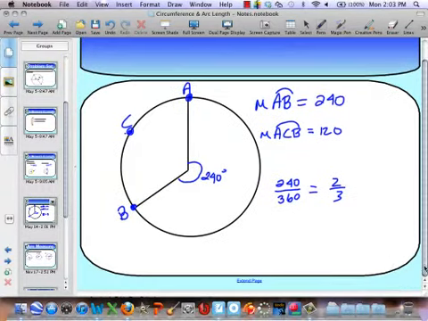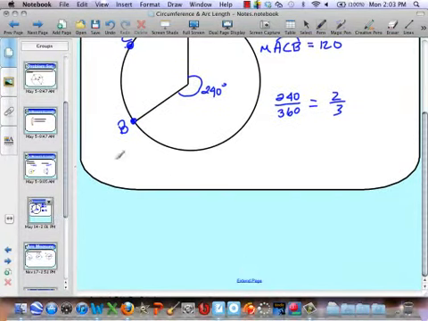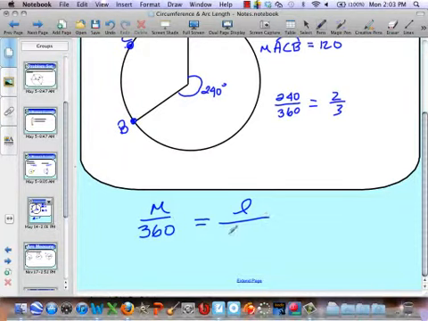So we end up with this formula: measure over 360 is equal to arc length over 2 pi r. And what does the 2 pi r represent? The circumference. So that's our little formula we're going to use today. Measure over 360 equals length over 2 pi r.